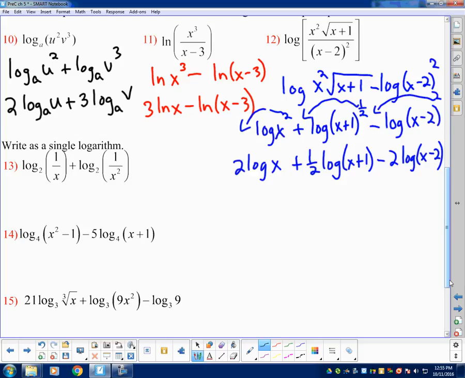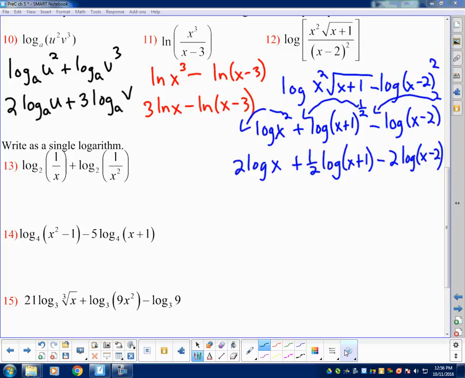So if we wanted to solve an equation, we've done this already. If we want to solve an equation with logarithms in it, we usually want to take it and make it a single logarithmic expression, and then apply our definition to it, right? Use the log definition. And so here, in this case, I have log base 2 of 1 over x plus log base 2 of 1 over x squared.